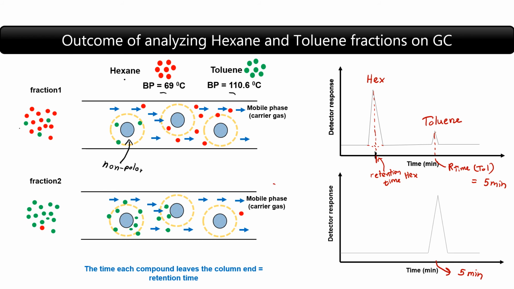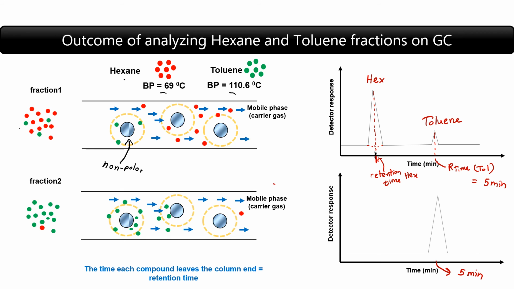If somebody in Australia, let's say, is doing a gas chromatogram to separate a hexane and toluene mixture, and they're using the same settings and the same temperature settings and everything, toluene will always come out at the 5-minute time point. So it's kind of like a standard. If all the other conditions are the same, then the retention time is going to be a constant or a standard factor that you can relate to toluene specifically.